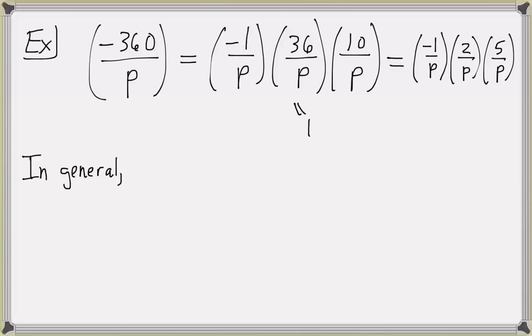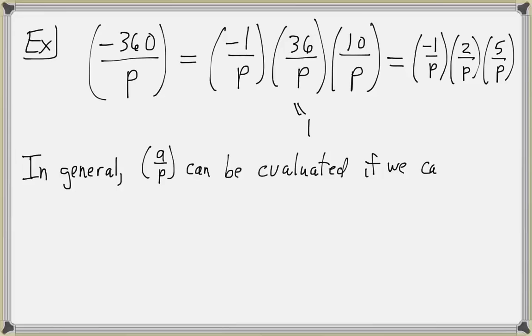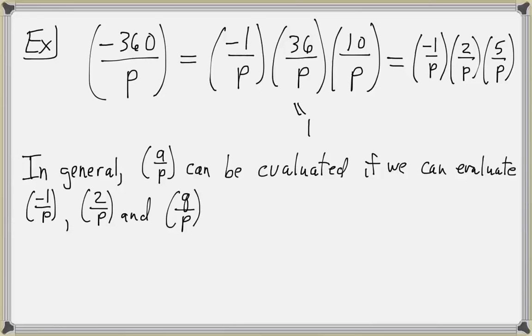we can evaluate the Legendre symbol a over p if we can evaluate the Legendre symbols negative 1 over p, 2 over p, and q over p, where q is an odd prime.